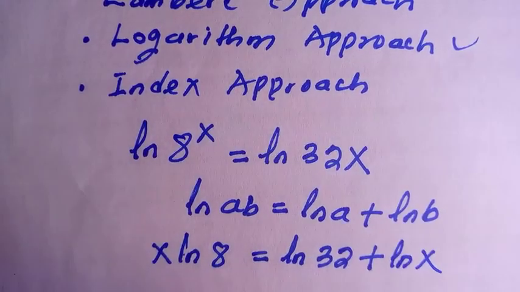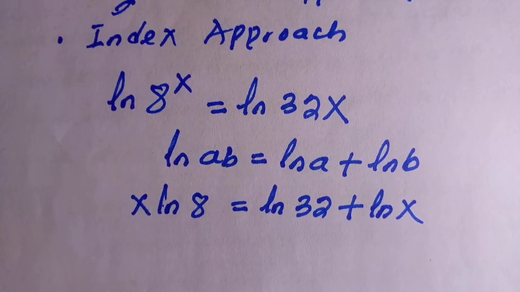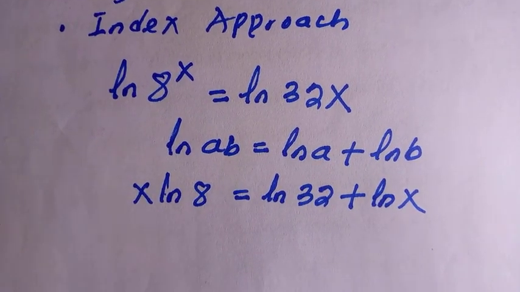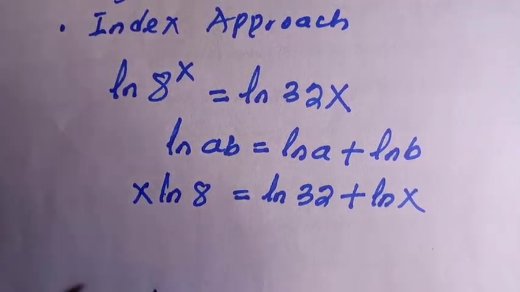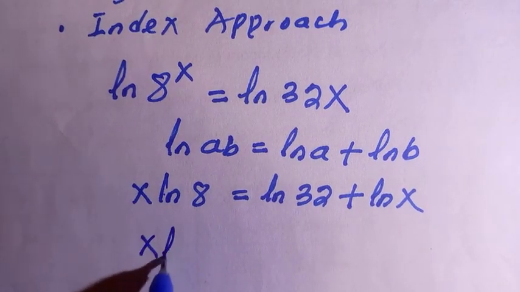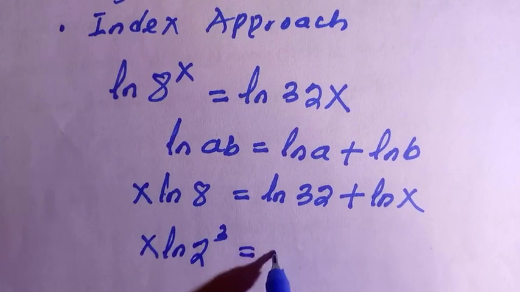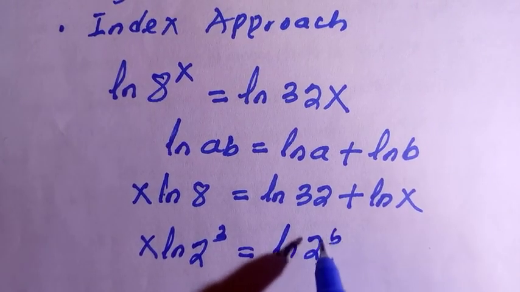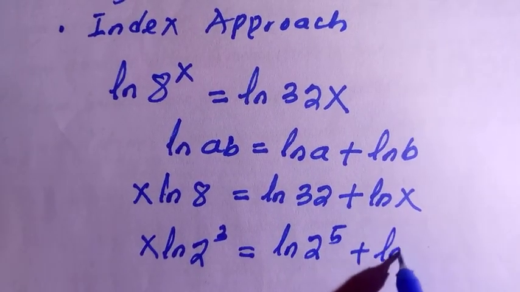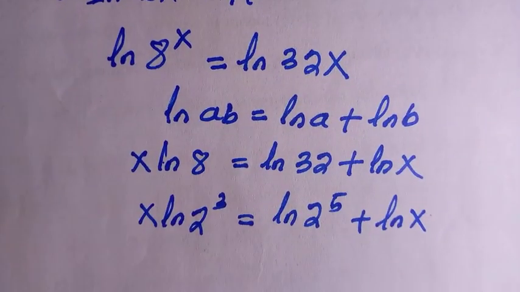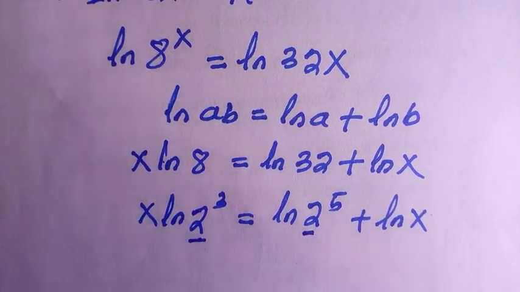But this 8 is the same thing as 2 to the power of 3, and ln of 32, 32 is 2 to the power of 5, plus ln x. So here we have base 2.